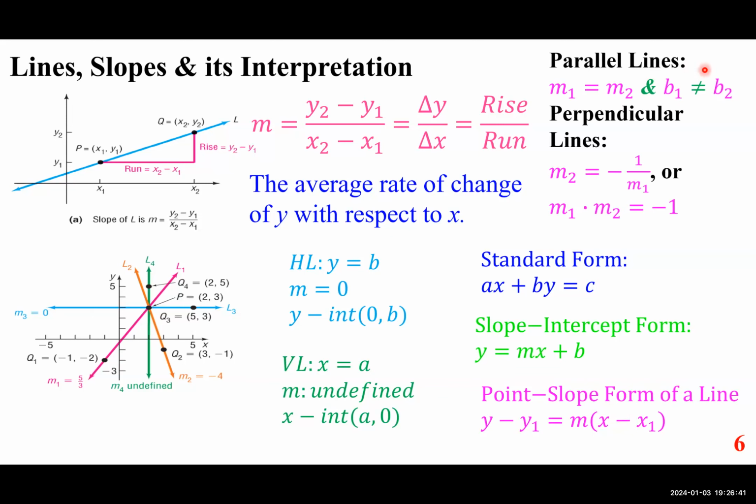Two lines are considered parallel if they have equal slopes and different y-intercepts: M1 equals M2, B1 is not equal to B2. Two lines are perpendicular if their slopes are negative reciprocals of each other, meaning M sub 2 is -1 over M sub 1, or their product is -1, either way.